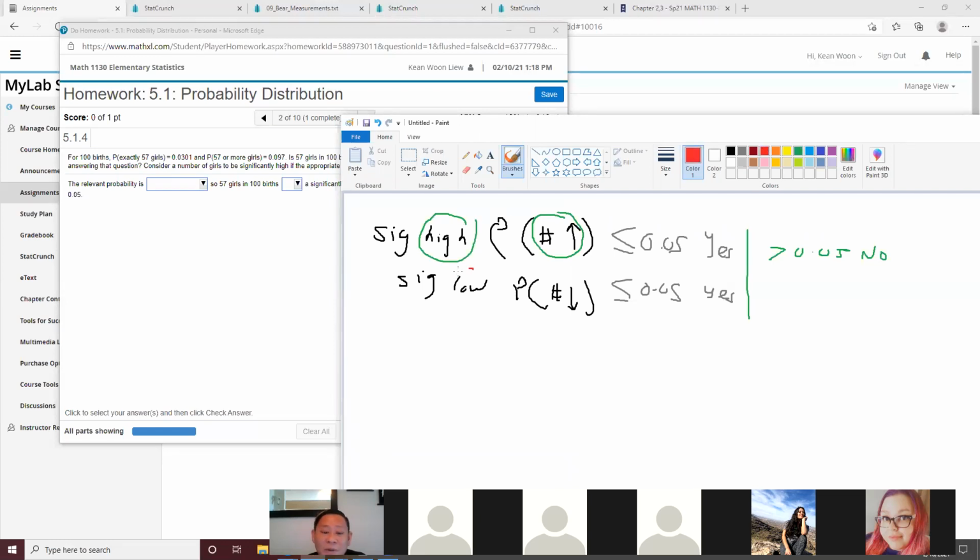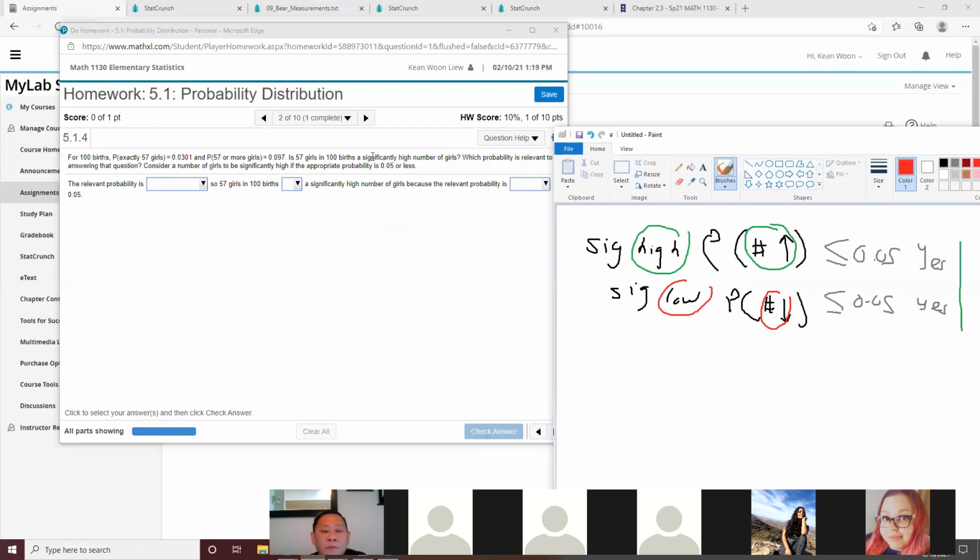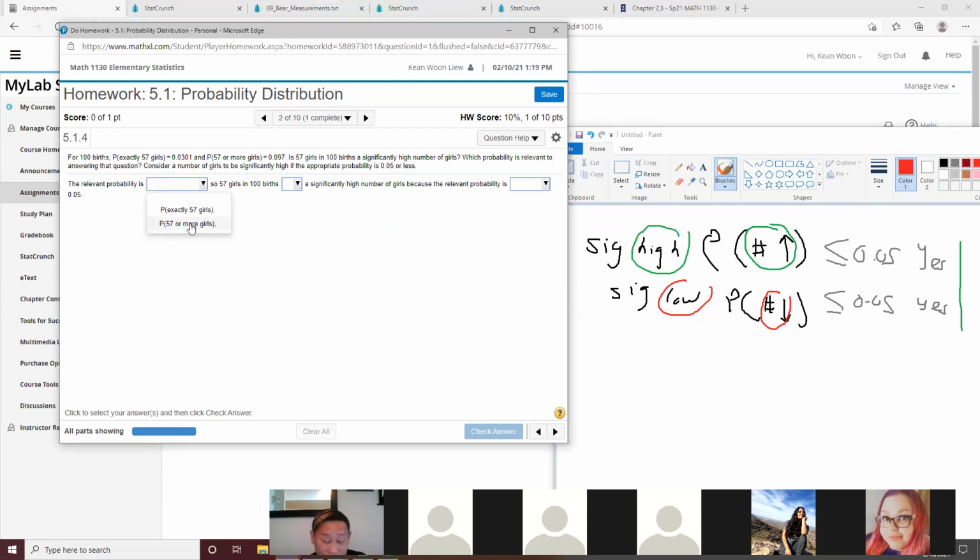When you do significantly low, it's that number and below. So there are 2 types of probability here: one is exactly, and one is that number and above. Which one do you want for significantly high? Above. Yep, you need to go above.